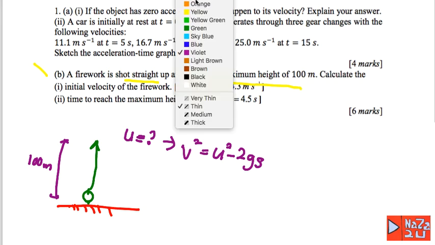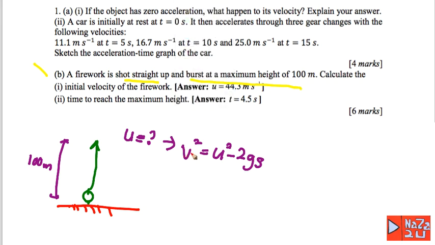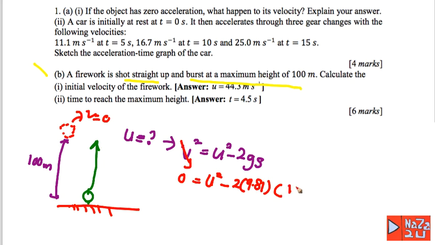The final velocity at the maximum height is equal to 0, and u is the initial velocity. g is the constant 9.81, and s is the maximum displacement from the ground to the maximum height, 100 meters. Using the calculator, u is 44.3 meters per second.